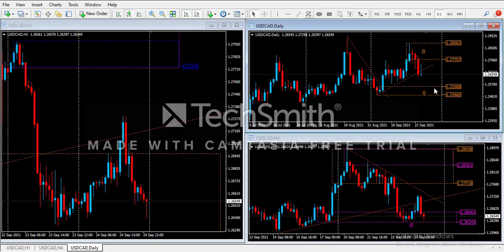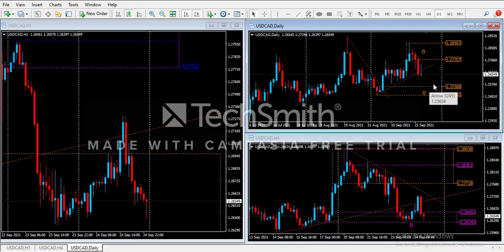However, it's easily possible for the price to continue moving to the demand area from where it's possible to develop an upward correction movement, and then deeper correction movement to the demand area.